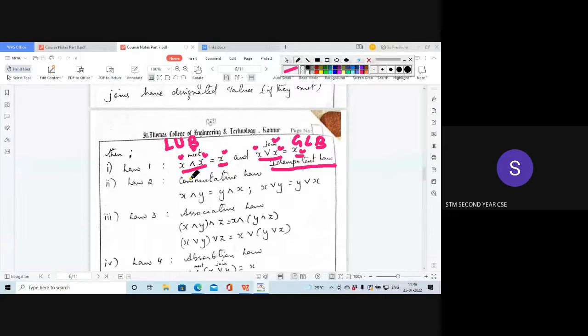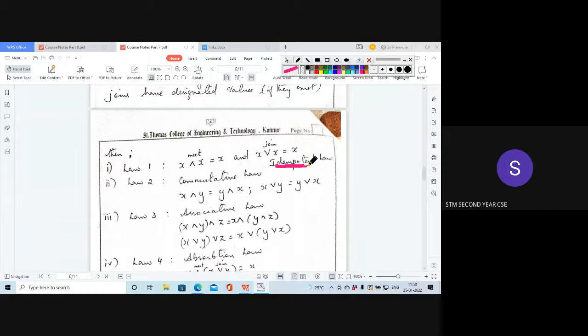This property is satisfied for any lattice. That is the first property, the idempotent law.